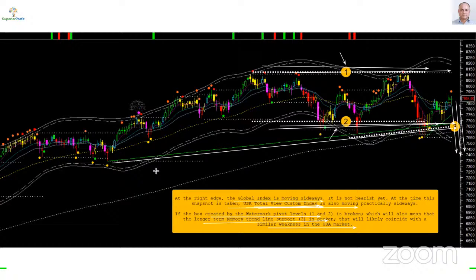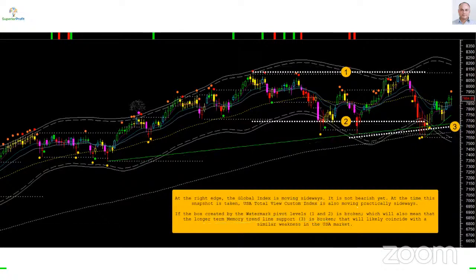Though it started lower, it recovered, and I was actually studying individual indices and they all recovered, but that would be reflected in the global custom index also. And I mentioned the USA market may do the same thing, and the same thing happened yesterday. The more you study, the more you will see the correlation between the global market and the total view custom index.